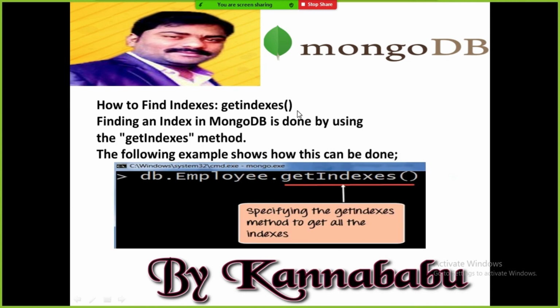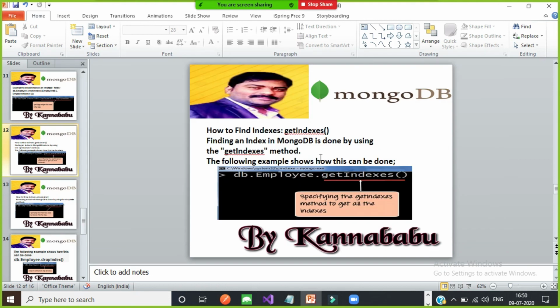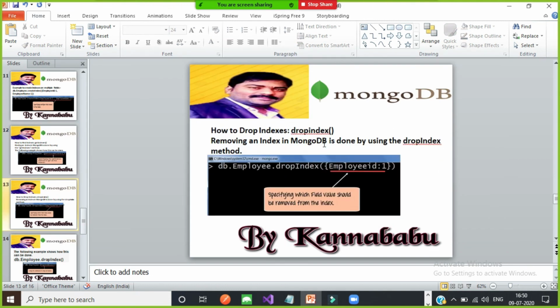How to find the indexes? If you want to see all the indexes that are available in your collection, there is one command, getIndexes. Finding an index in MongoDB is done by using the getIndexes method. db.emps.getIndexes. If you want to find the indexes, is it clear?